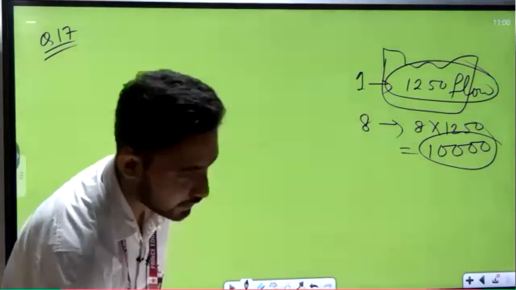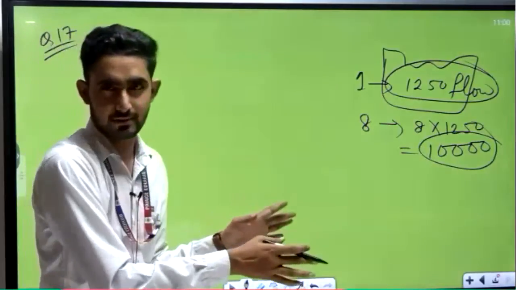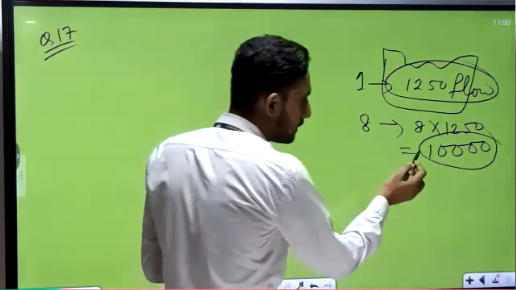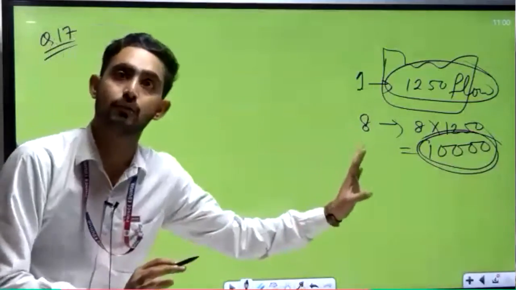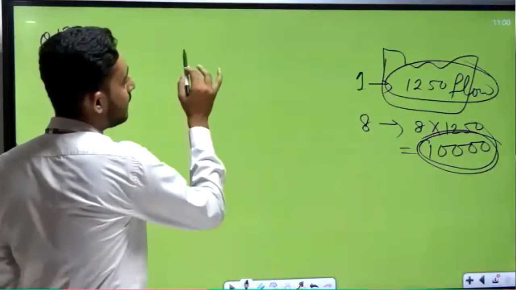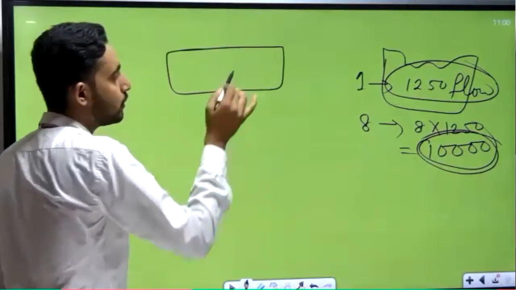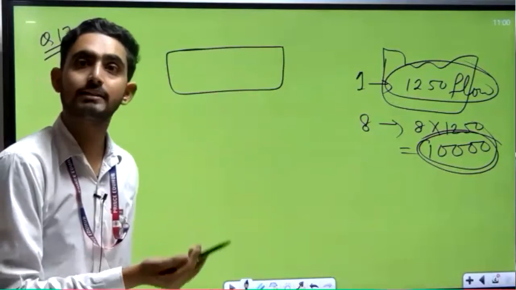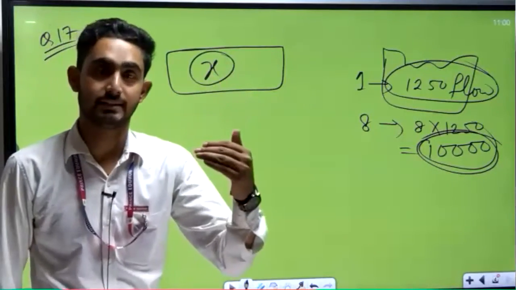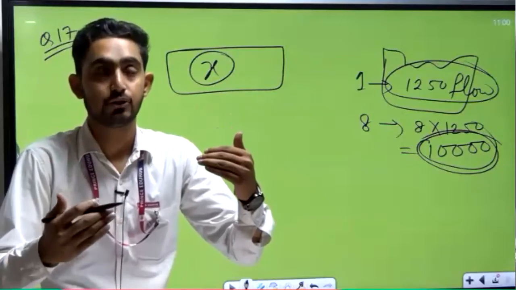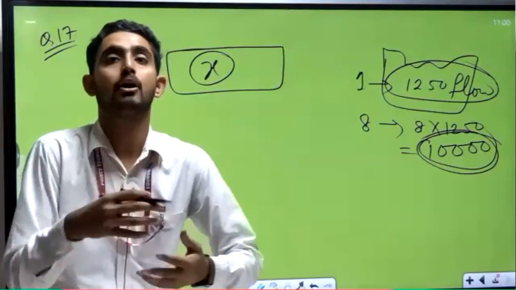Same concept. In front of you, how many flowers? 10,000 flowers. That is the total number of flowers. And how many temples are there? Don't know. Consider it X. And in each temple, how many flowers do you put?